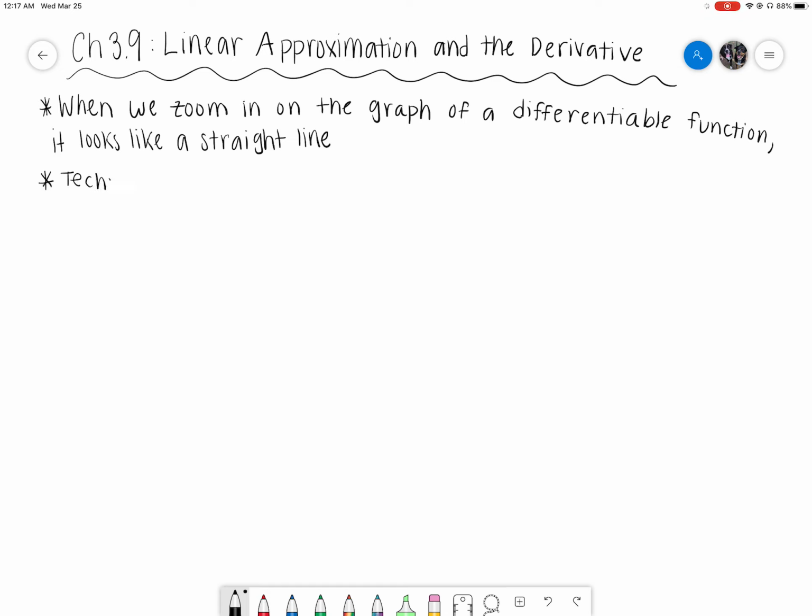Now, technically, it isn't a straight line.